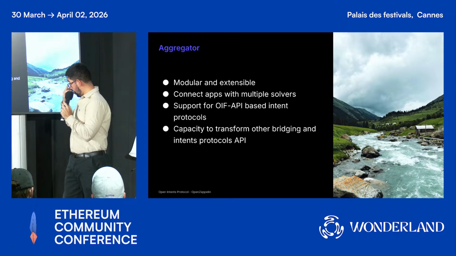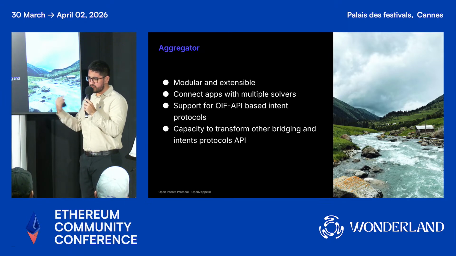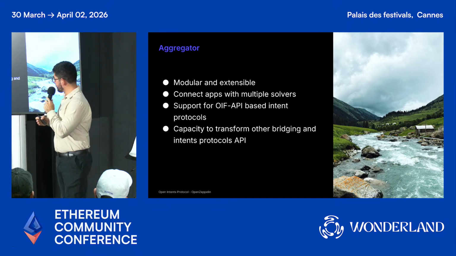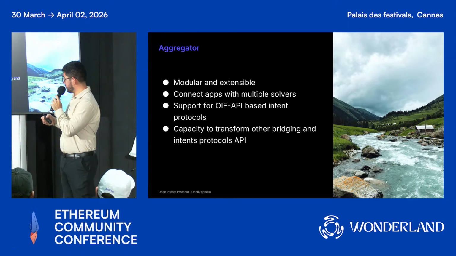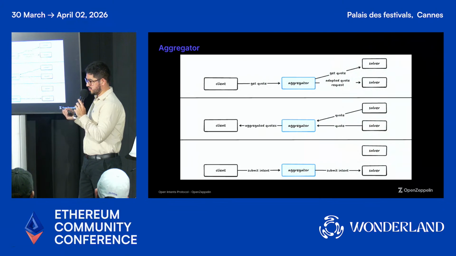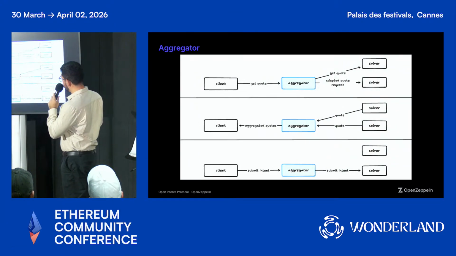We also have a wallet that we are building. I think the Wonderland people are working with it. It supports intent-based protocols. And yes, this is an example of the aggregator. You, as a client, get a quote.